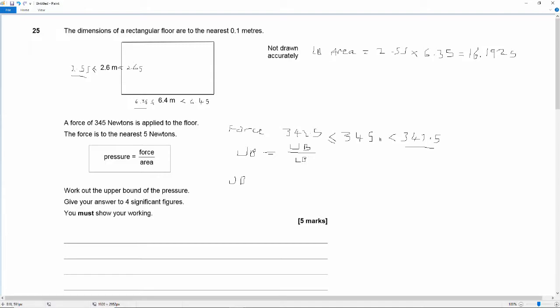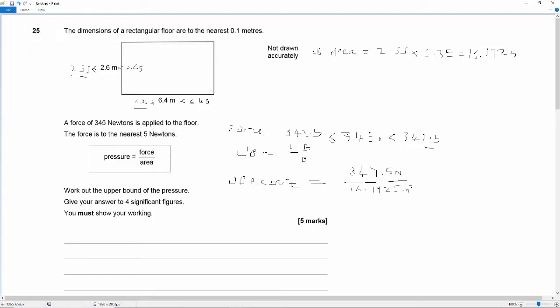So upper bound for pressure, so that's the force, which is 347.5 newtons, divided by 16.1925 meters squared.